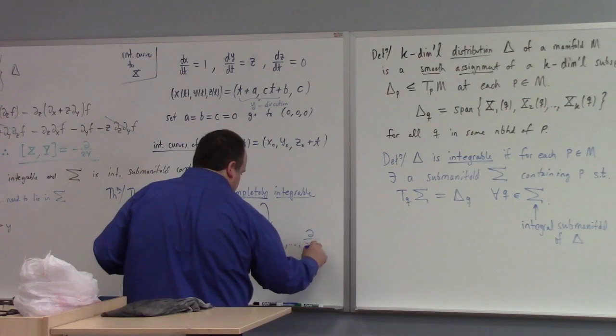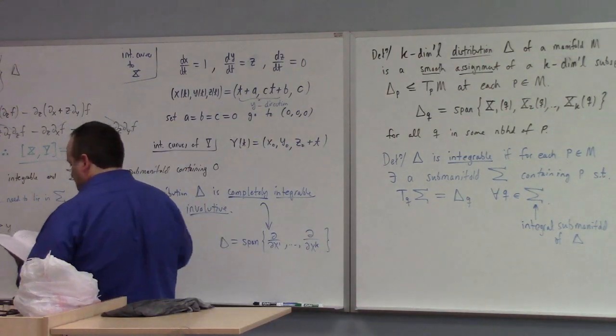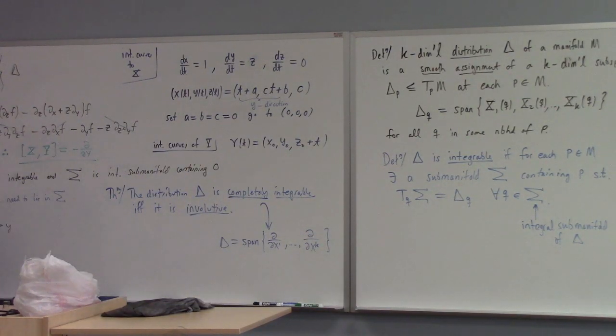To say that it's completely integrable means that for each p there's a neighborhood u and local coordinates x1 through xn, such that everywhere the distribution is given by the span of the coordinate derivations for the first k coordinates. All right.